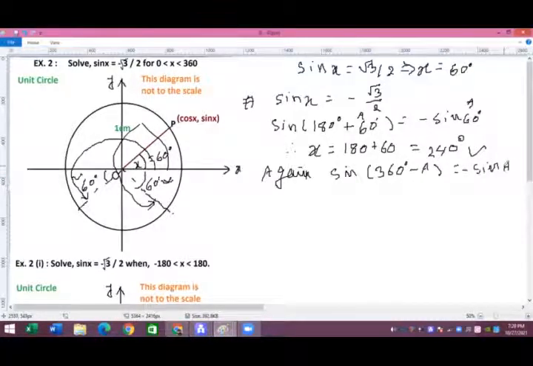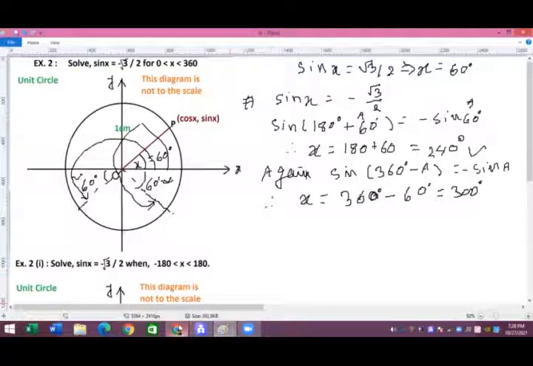That means we are in the fourth quadrant where sine is negative. So another value of x in this case is 360 degrees minus the principal value a. Here the principal value is 60, so this is 300 degrees.